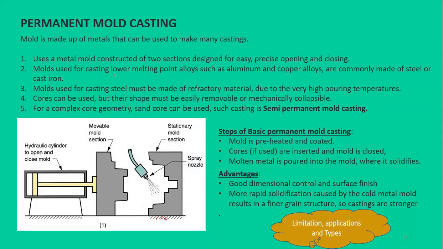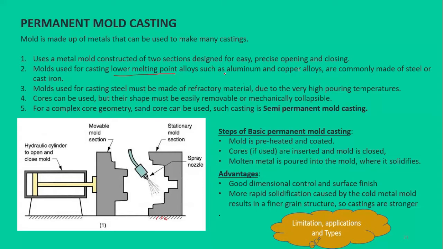In this type of casting mold, the materials used for casting are mostly low melting point metals or alloys, while in the case of expandable mold casting, especially sand casting, we discussed that very high melting point materials can also be casted. But in the case of permanent mold casting, as you know, the molds are made of metals, so very high melting point materials cannot be casted.